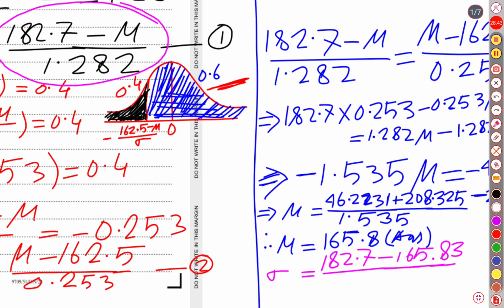Using two places after the decimal is sufficient, over 1.282. Hence our sigma is going to be, let us do the calculation.